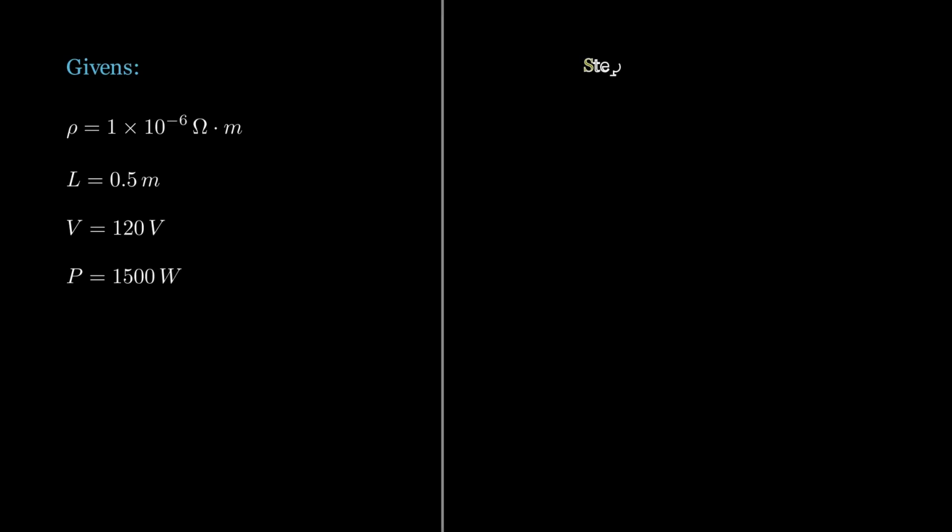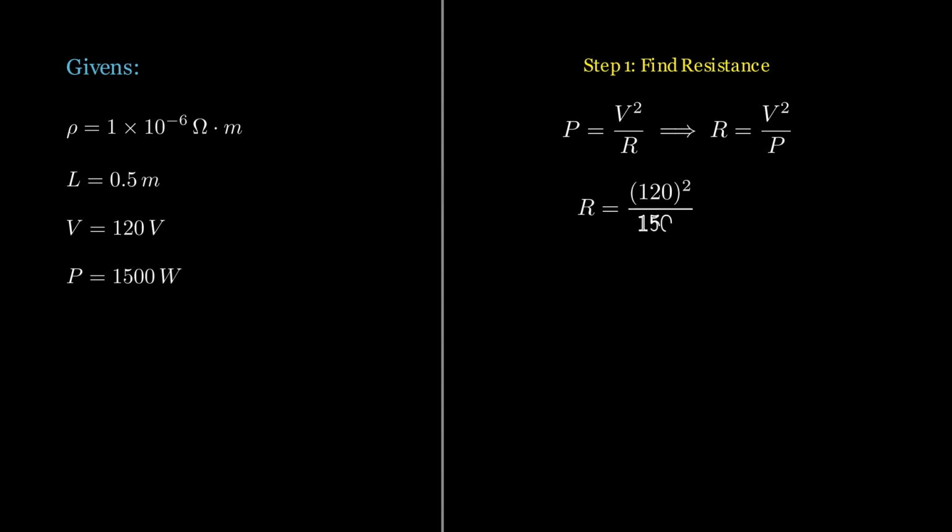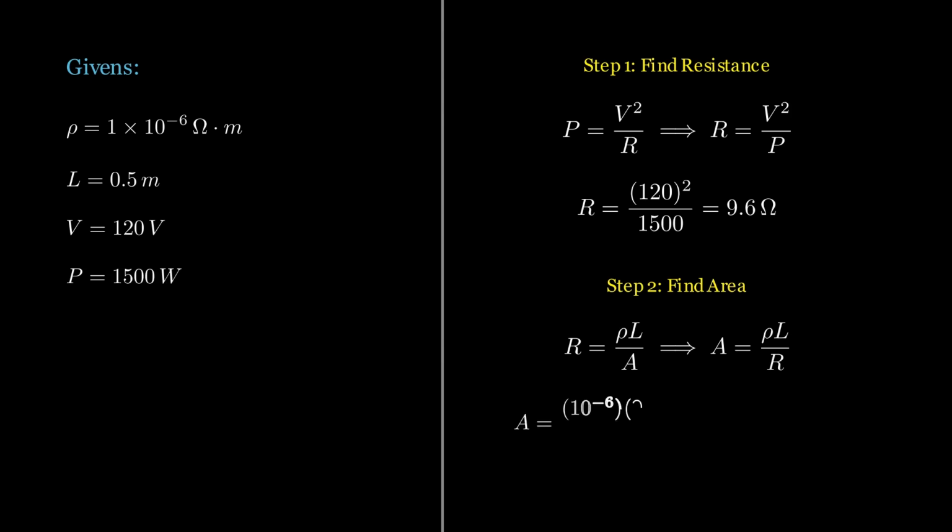To do this, we first find the resistance, which can be done simply through substituting our values into the formula P equals V squared over R, giving R equals 120 squared over 1500, which gives 9.6 ohms. Now, using our formula for resistance, we find that A equals rho L over R. Substituting our values, we find that A is approximately 5.21 × 10⁻⁸.